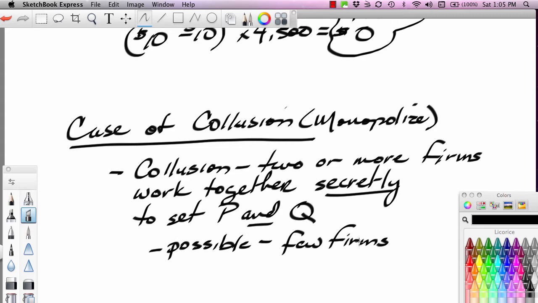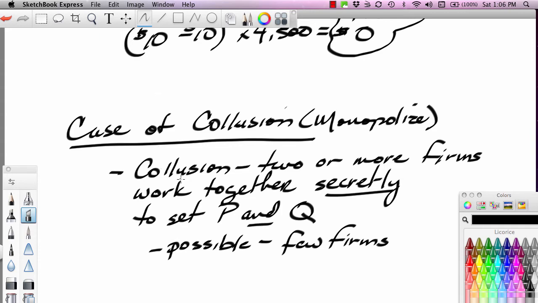Secondly, you have to somehow control these 1,000 firms. They can't talk. They can't tell anyone that they're colluding. Because if the government finds out they're colluding, secretly behaving as a monopoly, then they're breaking the law. They are breaking the law and they're going to get into trouble. So you're only going to see collusion generally when the number of firms is very small and the collusive arrangement, the cartel, can be carefully managed.